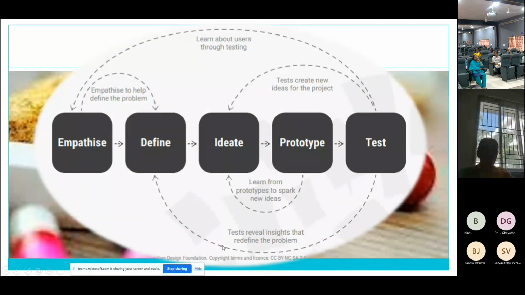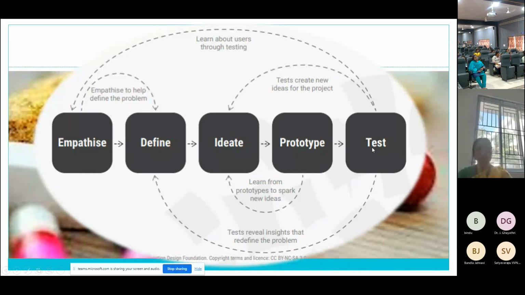But as I said, this is not a linear process. It's a non-linear process. So after defining or after doing the ideation, if you want, you are going for the prototype. When you are designing this prototype, if you get some spark in your ideas, again you can go for the ideation process, and you can develop a new prototype.